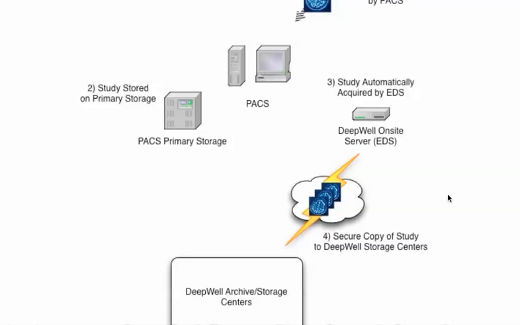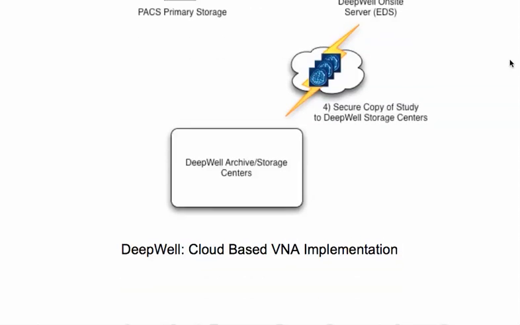So suffice to say the simplified solution, a cloud-based VNA, the Deepwell on-site server, known as the Enterprise Departmental Server, or EDS, acquires that diagnostic study data in real time from the PACS as well, for a one-time cost for the life of that diagnostic study data. We're going to provide deep archive in multiple geographic locations. We're also going to provide data migration services as a background process in those deep archive storage centers.